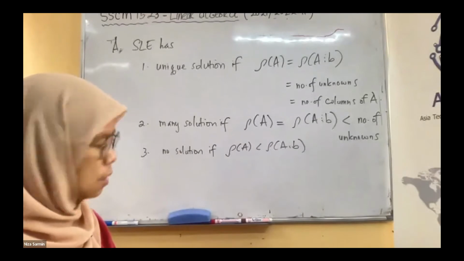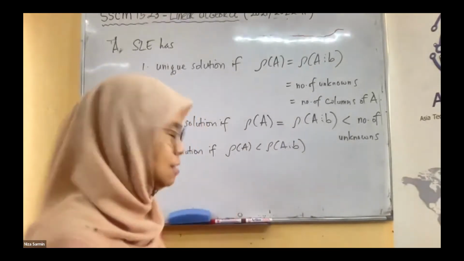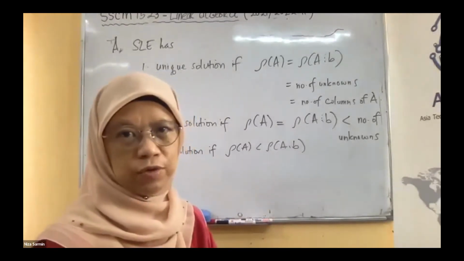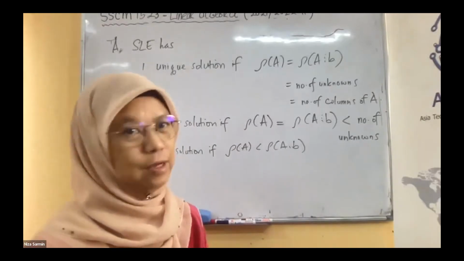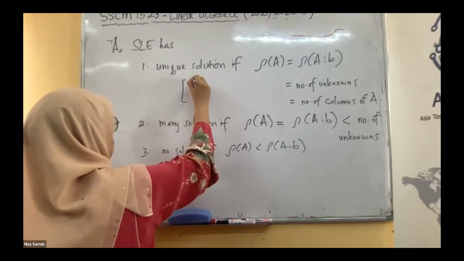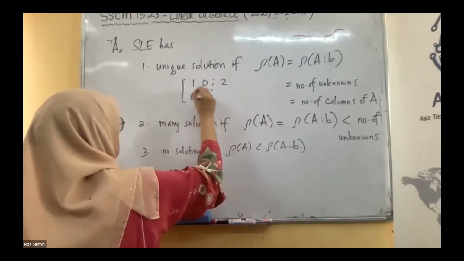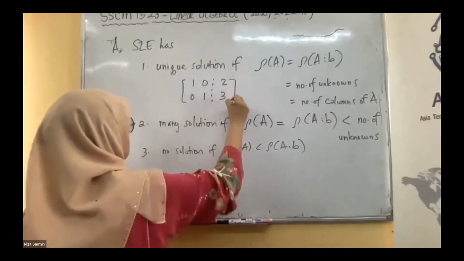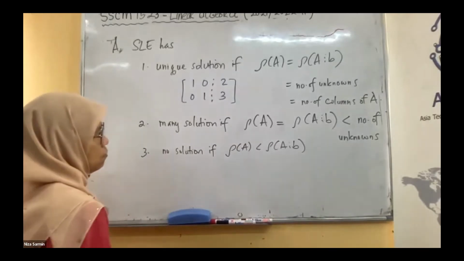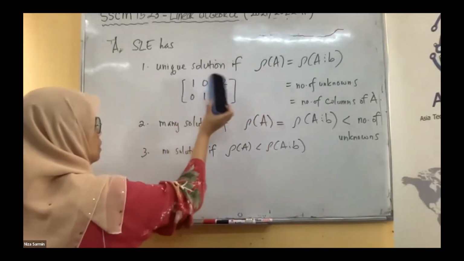Okay. Now let me write out an example. I don't give you the original, but I want to give you the row reduced one. This one, number one, I have shown you before. So the rank of A is this side.